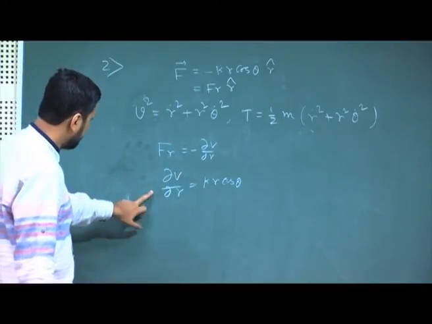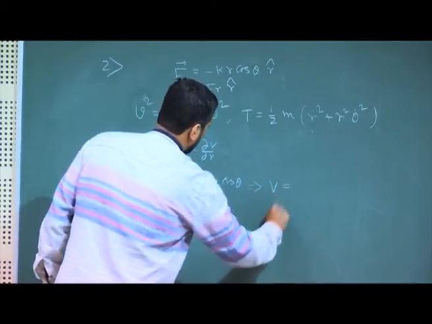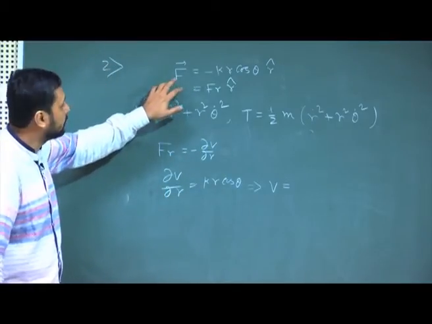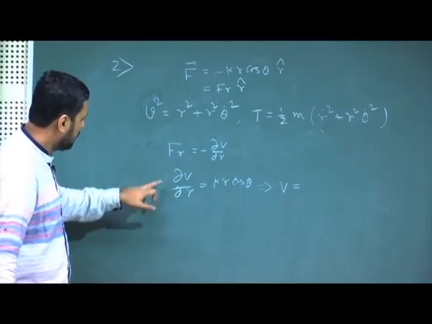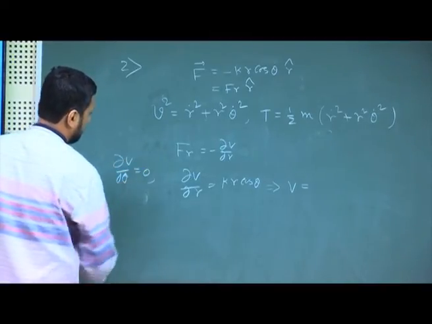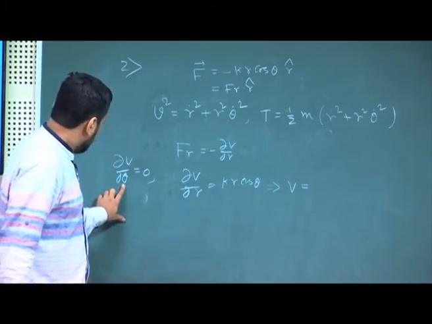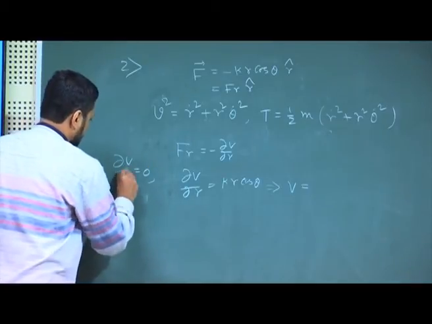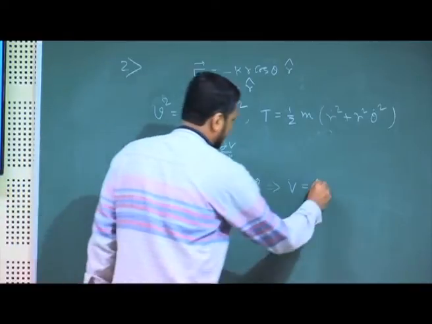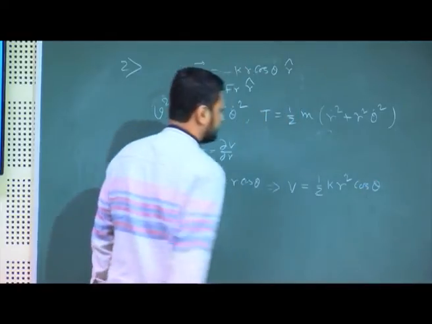Now, because it is a partial derivative, the form of V can be predicted directly, and please remember that the total force is given in terms of only one component. So, we can assume that del V del theta is equal to 0, which is a valid assumption because there is no force in the theta direction, right. If we integrate this, we will get half k r square cos theta.